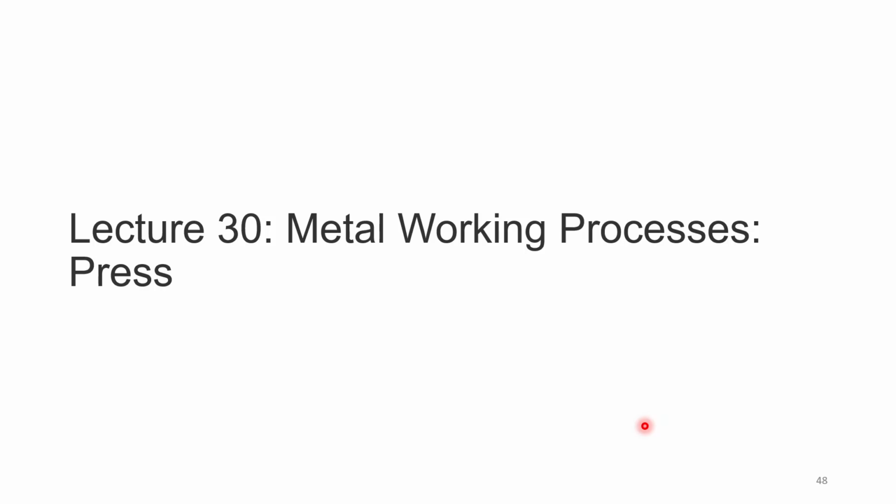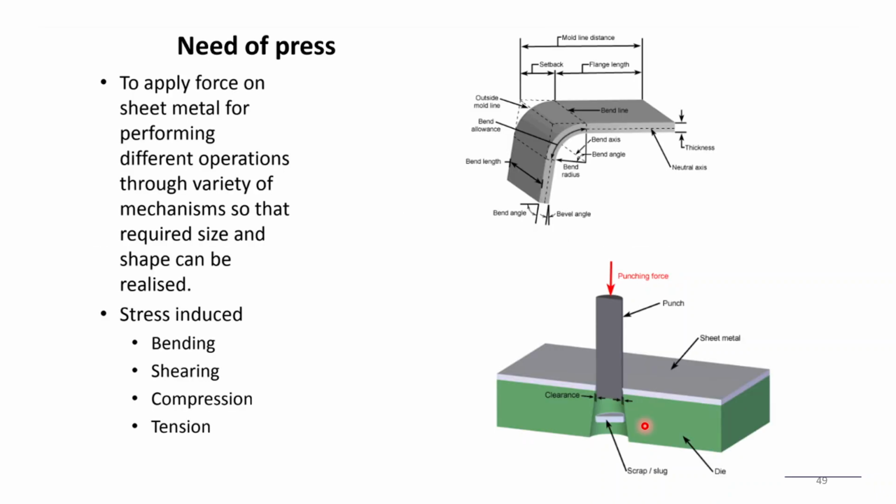Now the final chapter is on press. So why is there a need for press? It is to apply force on sheet metal for performing different operations through a variety of mechanisms so that the required size and shape can be realized.